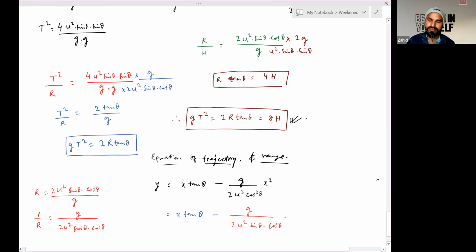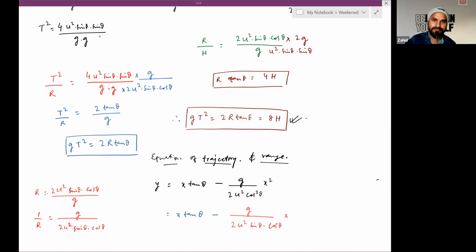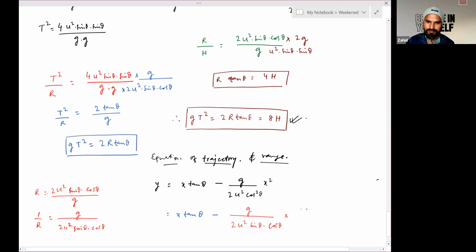To get this fraction the same, just multiply it by sine theta. So this sine theta and this sine theta will cancel out. There is one more term, that is cos theta times x squared. I have just multiplied sine theta in the denominator, and to compensate, multiplied sine theta in the numerator. Now, this whole term would become 1 over R.